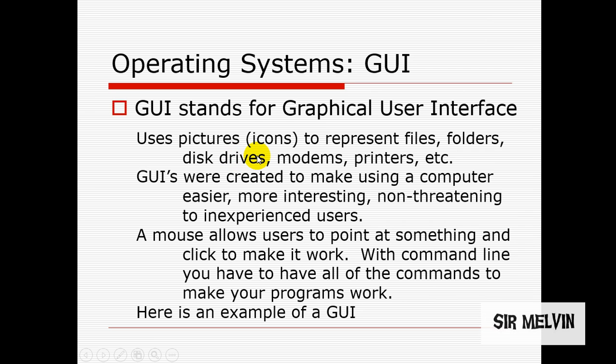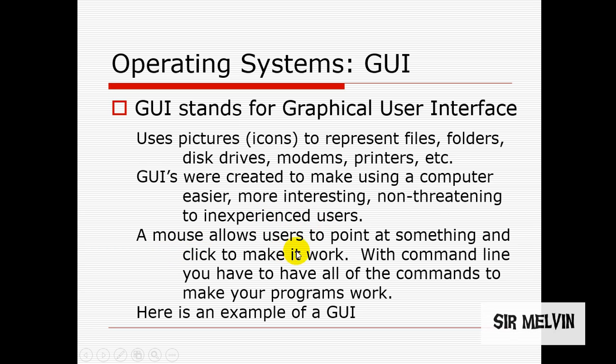Next is the operating system with the GUI or graphical user interface. It uses icons to represent files, folders, disk drives, modems, printers, and so on. GUIs were created to make using a computer easier, more interesting, and non-threatening to inexperienced users.